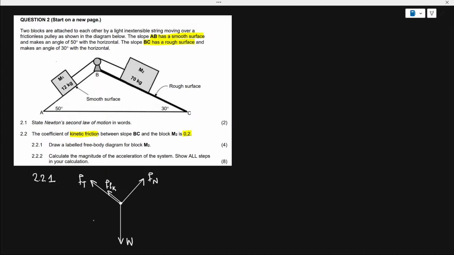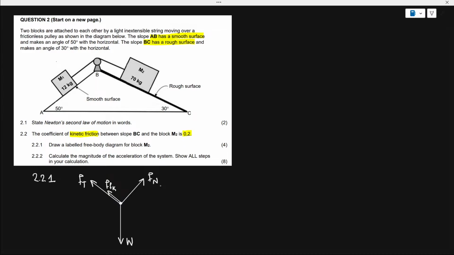And so these should be all the forces acting on block M2. We can confirm that we have indicated all the forces by looking at the number of marks for this question. So this is for 4 marks, and as we can see, we've got 1, 2, 3, 4 forces.